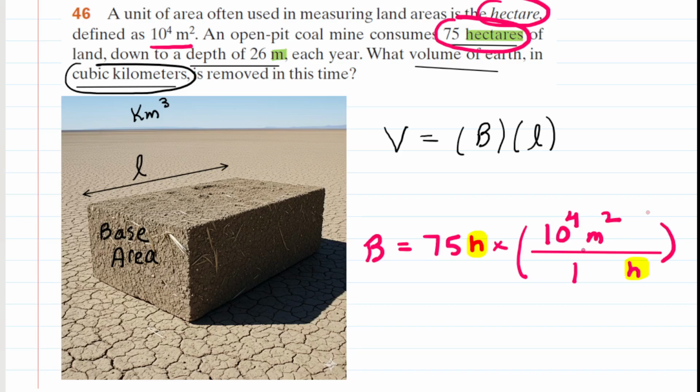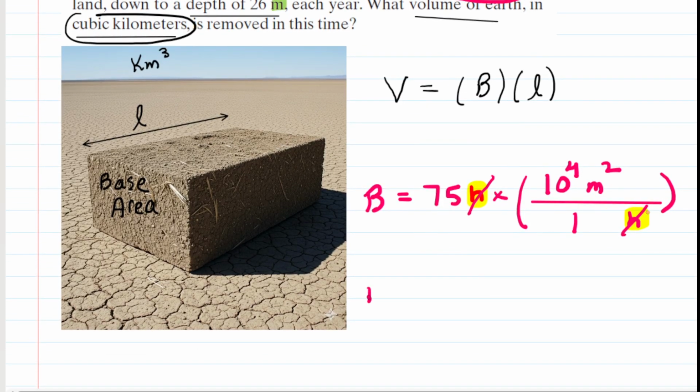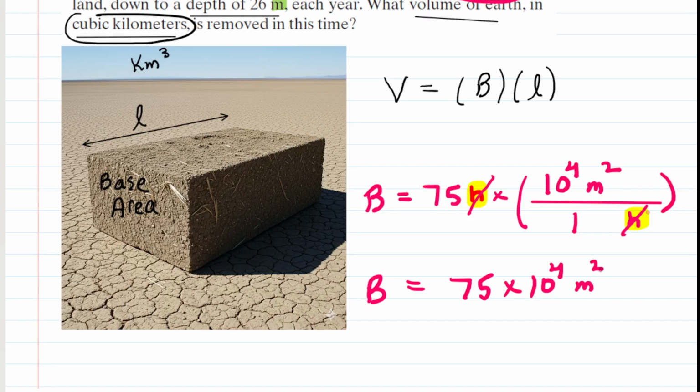So what we do is we multiply the 75 by this 10 to the power of 4 over 1, and when we do that, the hectares will cancel because hectares on top divided by hectares on bottom would equal 1. So the unit effectively cancels. So now we see that the base area is going to simply be 75 multiplied by 10 to the power of 4, and that is now in meters squared.